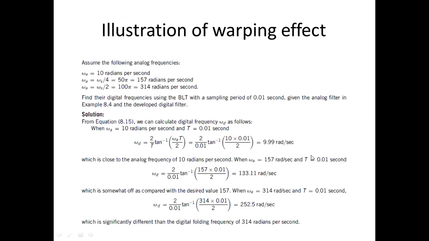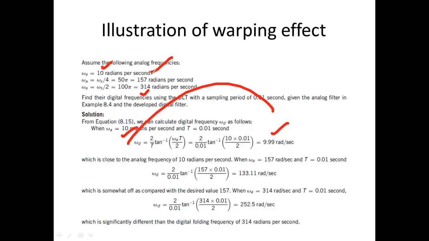So what's the method now? Here the author has given an example. Three frequencies chosen: 10 radians, 157 radians, and 314. 10 radians at lower frequency came up in the digital domain as 9.99, almost there.